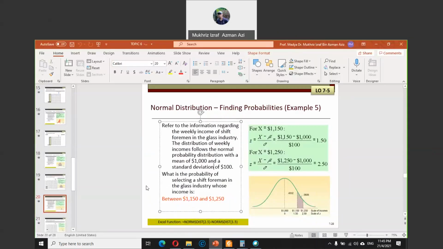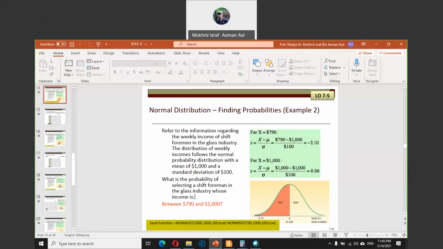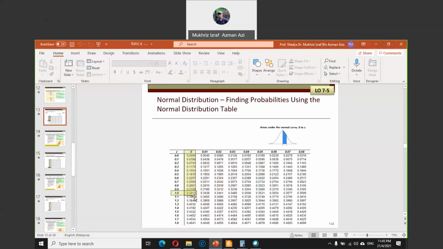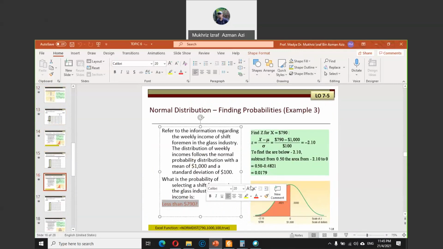If you recall from the slide, it is the same as what you did for this question, less than 790, whereby you get negative 2.1. So less than 2.1 is the small gray area on the right, similar to more than 2.1. So you obtain it by 0.5 minus the value from the Z table.